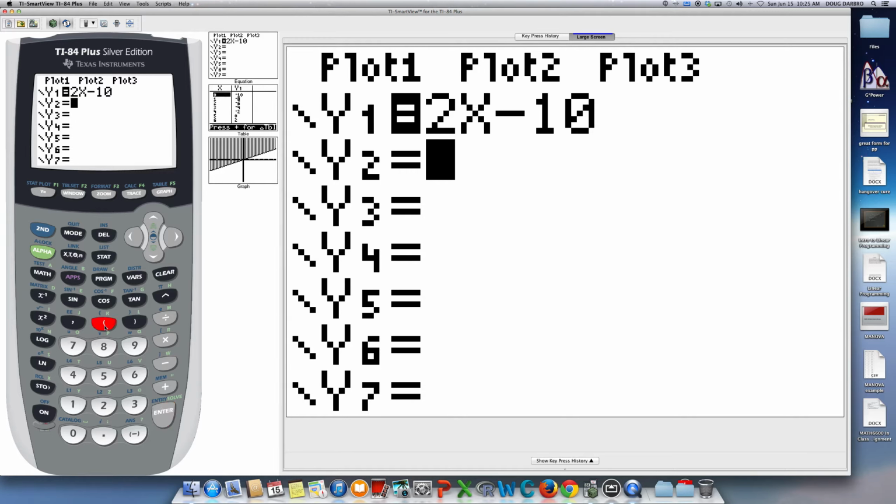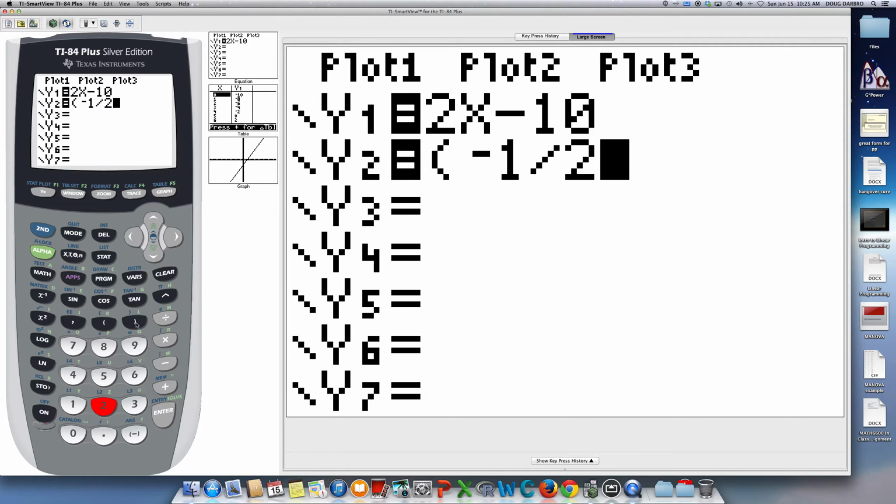So I need to put this in parentheses, so I have a negative 1 divided by 2 times x. Guys, always put your fractions in parentheses. And plus 4.